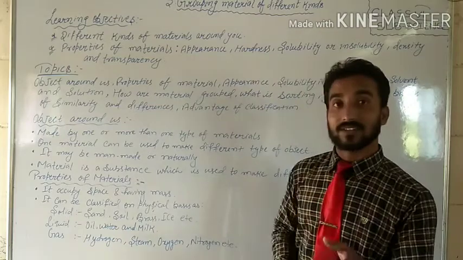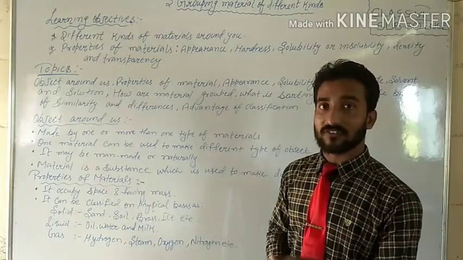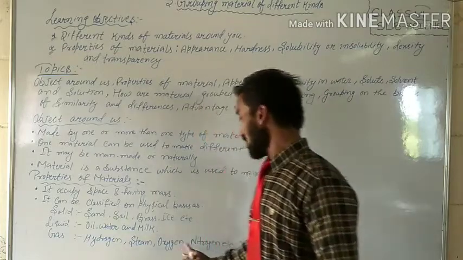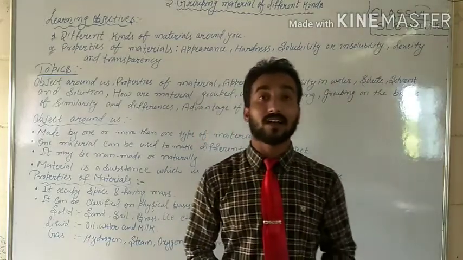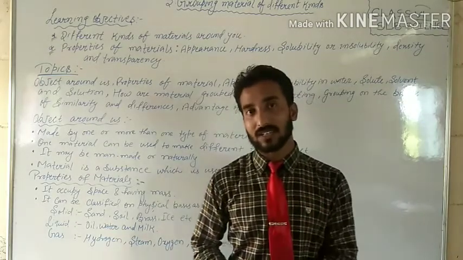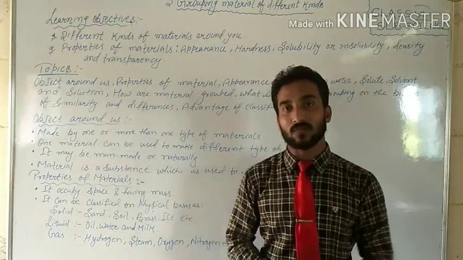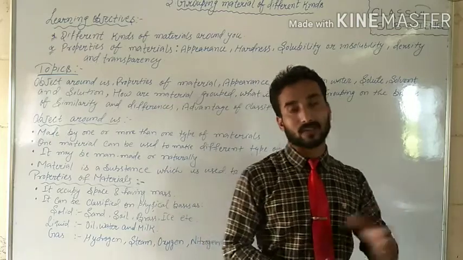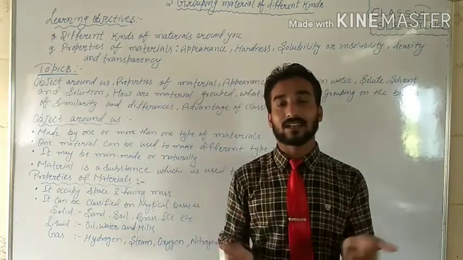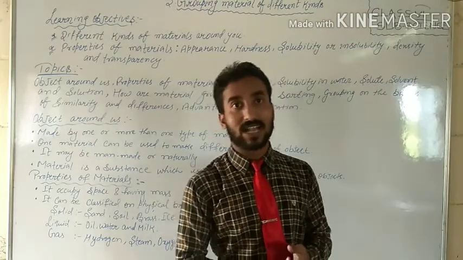Now if I talk about gaseous substances, definitely gases like hydrogen, steam, oxygen, nitrogen. And students, one more thing: which gas do we use at home to cook food? That is LPG.